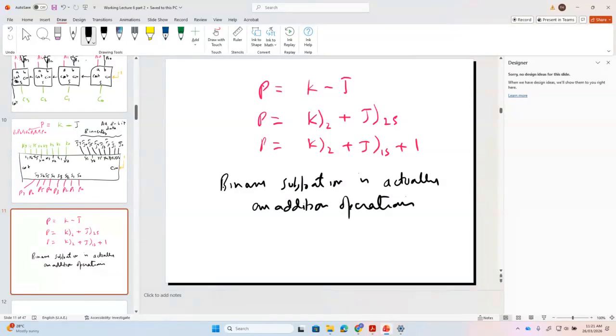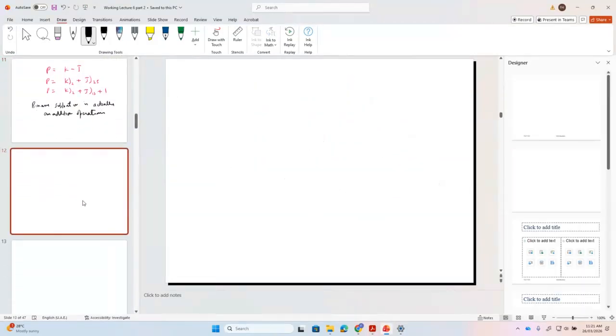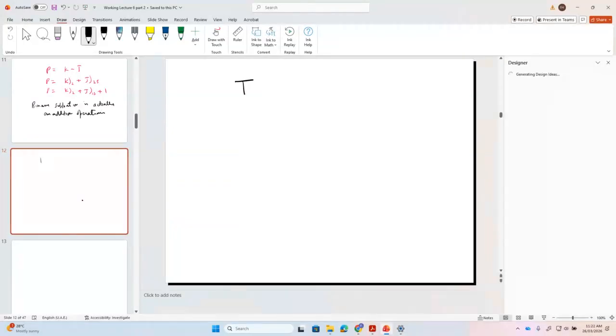Okay. Now I'll ask you another question. Let's assume we want to compute t, and t is equal to a minus b minus c plus d. How can we compute it?